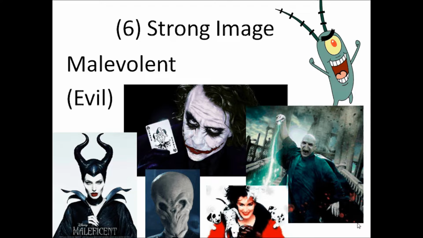So of these options on the screen, I would choose to remember Maleficent, because Maleficent also sounds like malevolent, but if I'm not familiar with that villain, I might choose any of these other villains and just remember the phrase malevolent plankton or malevolent joker. And if I repeat that enough to myself, I will remember that malevolent means evil and associate it with that person that I chose. Strong image works really well in combination with our other strategies.